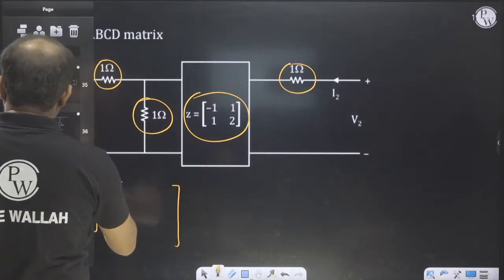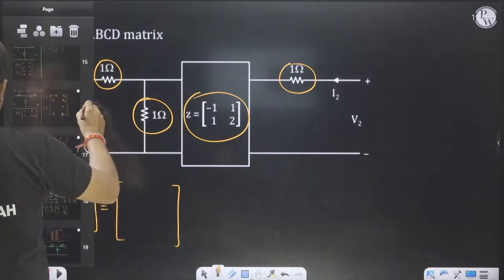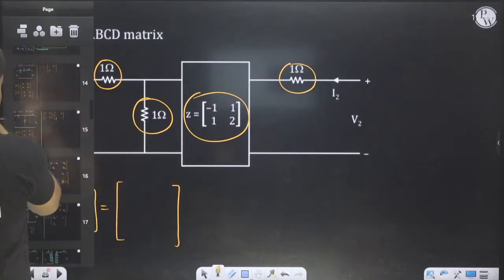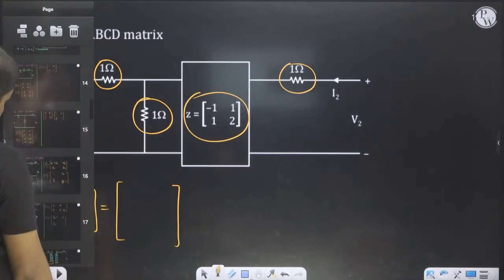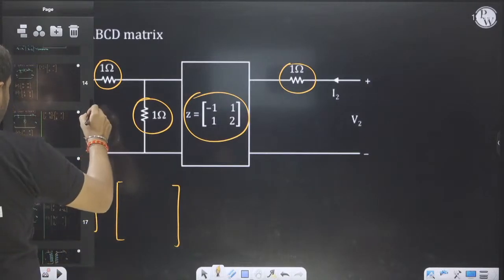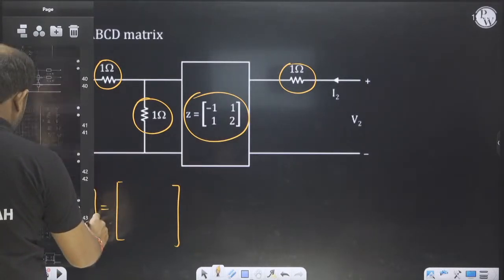For series we have studied, what is the series ABCD matrix? Series ABCD matrix is [1 Z; 0 1].